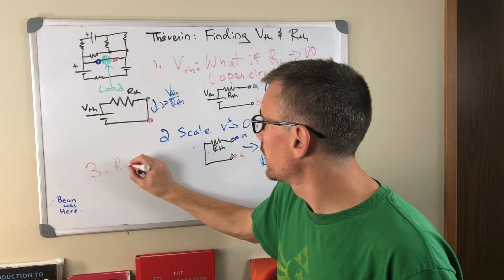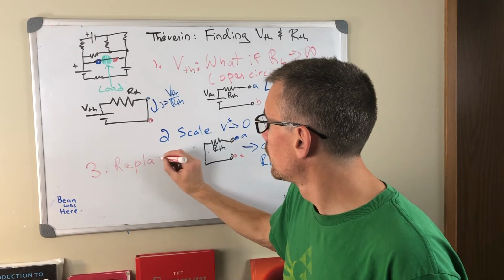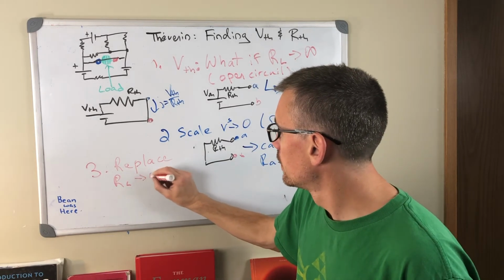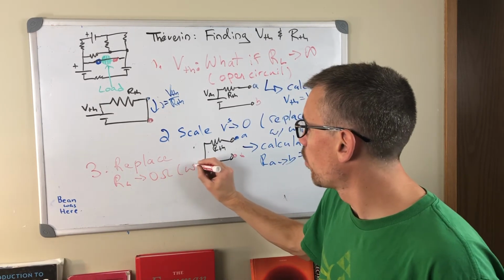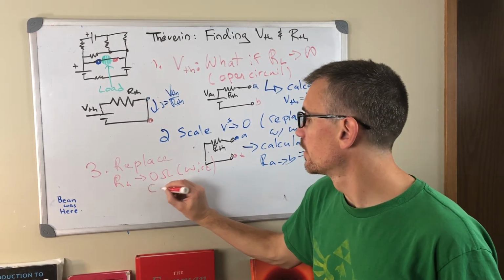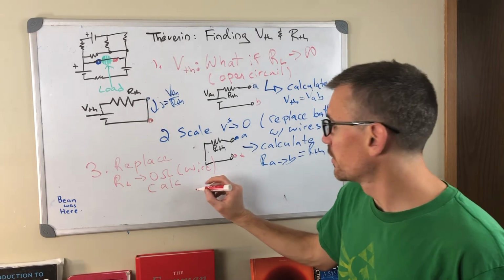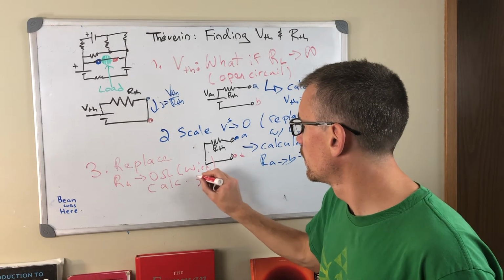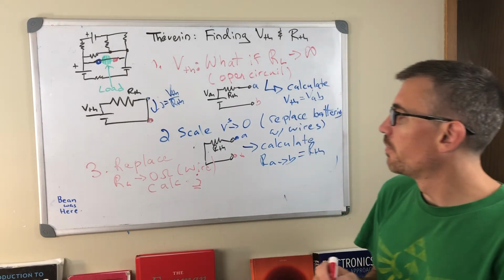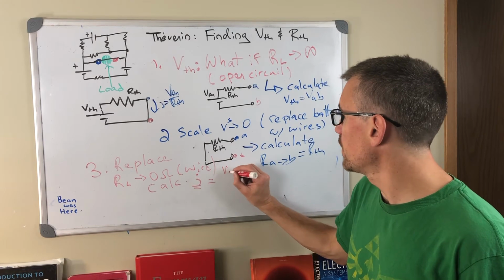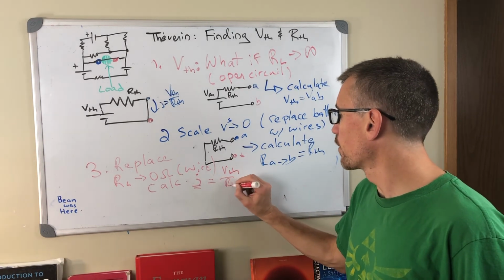We're going to replace RL with a wire, 0 ohms, and calculate current, or measure current, depending on whether you're doing it experimentally or not. Calculate current, and that is equal to V-Thevenin over R-Thevenin.